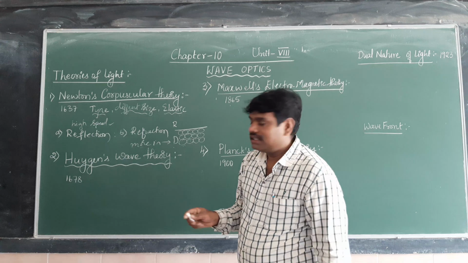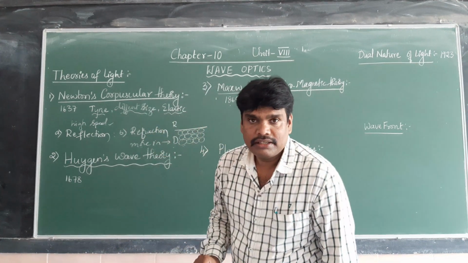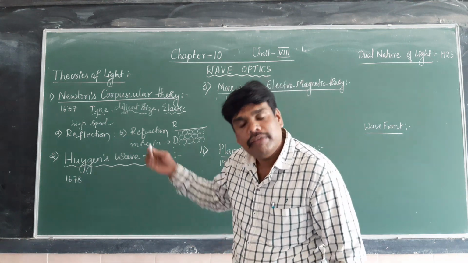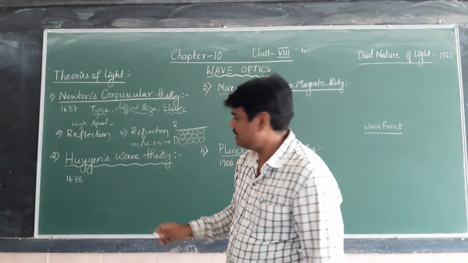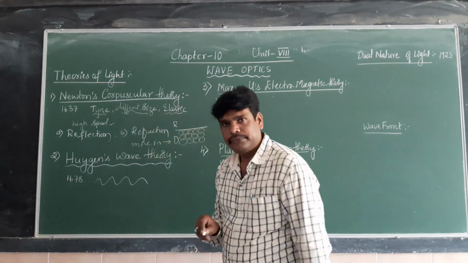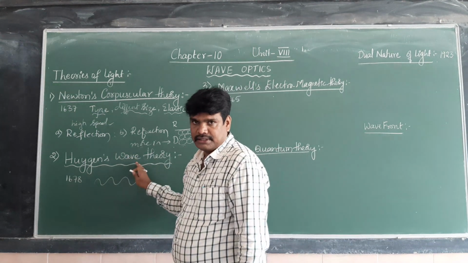Huygens has stated that light is a form of energy which can be transmitted in the form of a wave, what we call disturbance. So the energy is transmitted in the form of wavelengths. Light is nothing but disturbance.